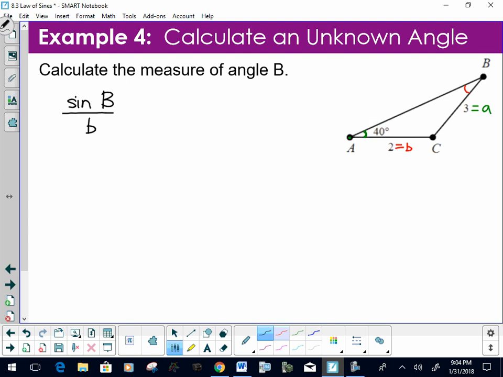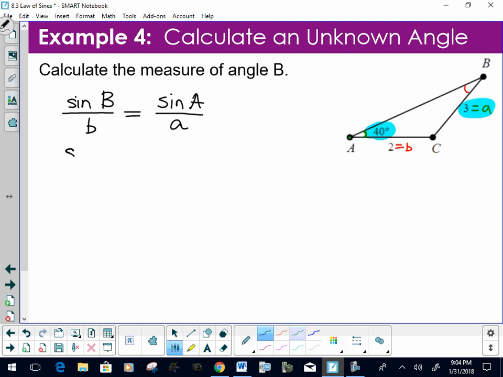So I'm kind of flip-flopping it this time since I am finding an angle. And what we can use to help us find that in this problem is that we know the A's. We know the A side is length 3 and the A angle is 40 degrees. So I'm going to set the B's equal to the A's, sine A over A. And remember, if the angles are on top, they have to be on top, and in this case, the sides are on the bottom.